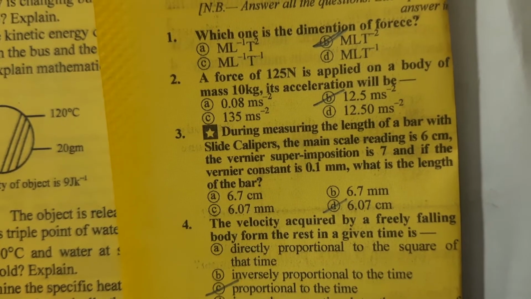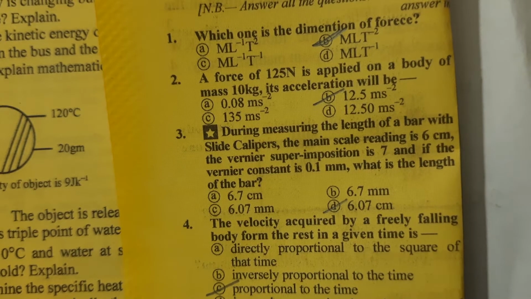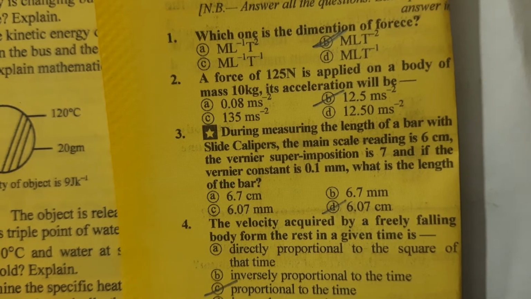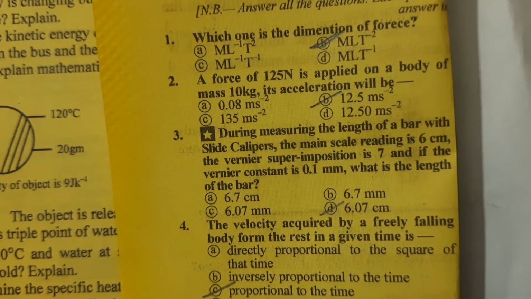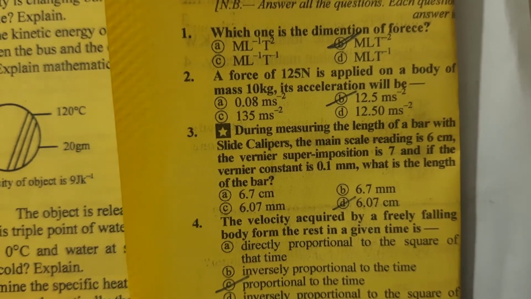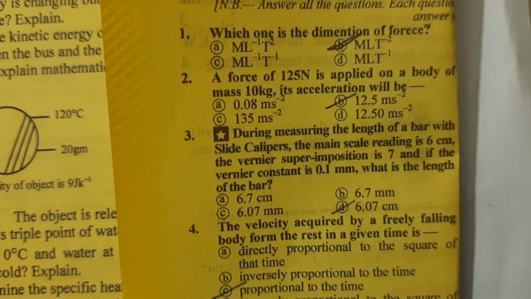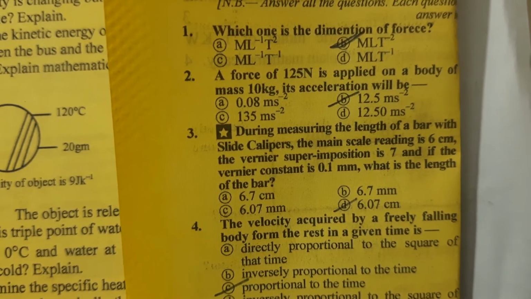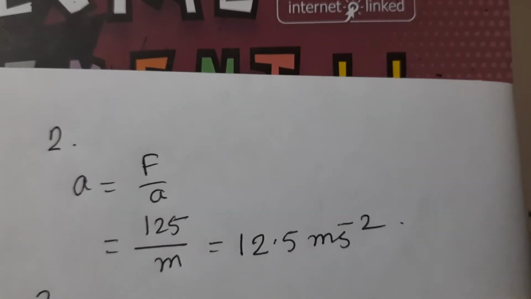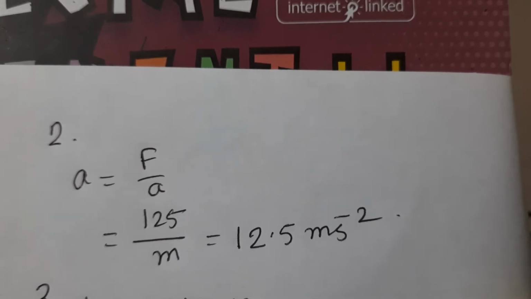A force of 125 Newton is applied on a body of mass 10 kg. Its acceleration will be? Here we have given force and mass of the body. So we know that the formula is F equal to ma.